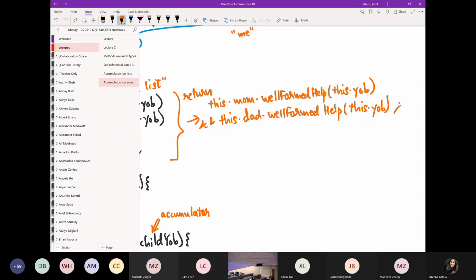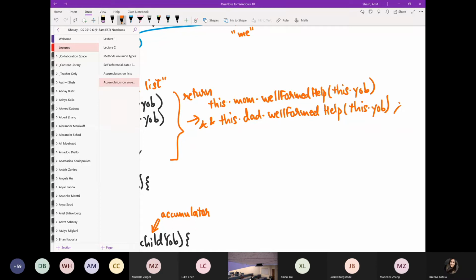And so when it starts, this is again something slightly different than what we have seen. The original method is calling the helper on the mom and the dad, not itself. In all the previous cases, count was this dot count calling this dot count help. Here, well-formed is calling mom's well-formed help and dad's well-formed help.